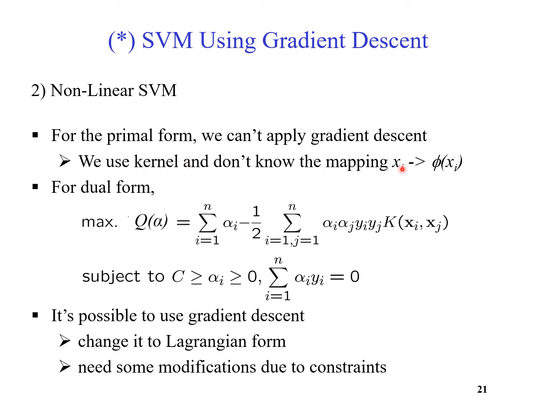So we replace this mapping by the kernel function right here. For this dual problem with the kernel, we are now able to solve it using gradient descent as well.